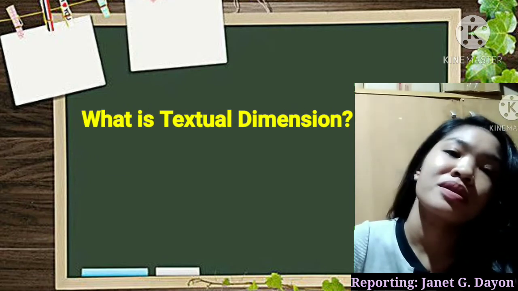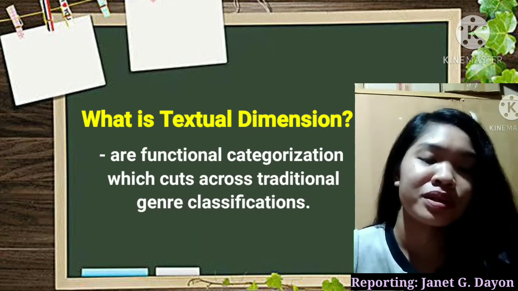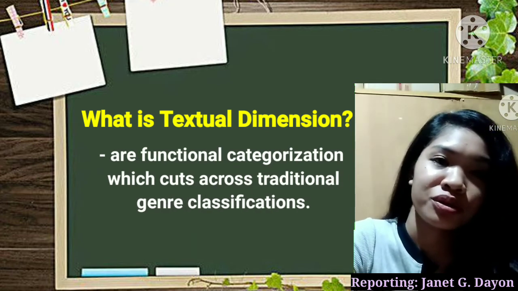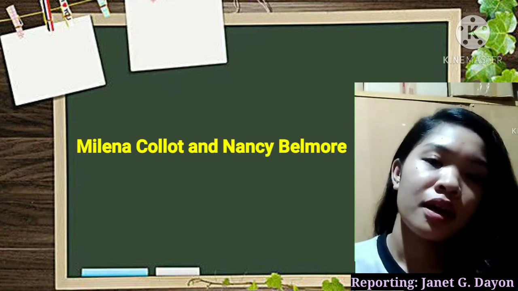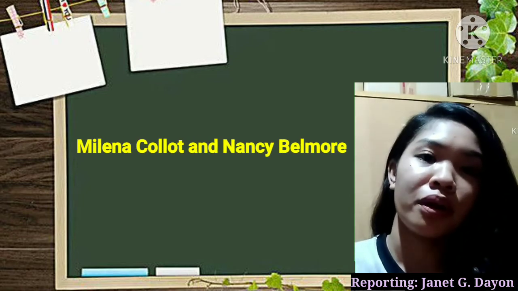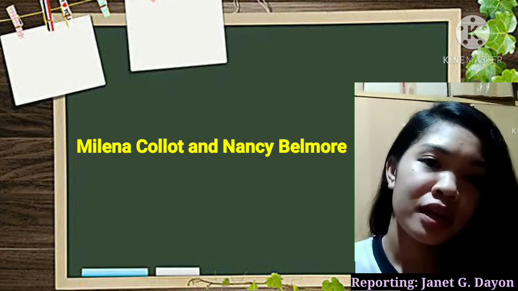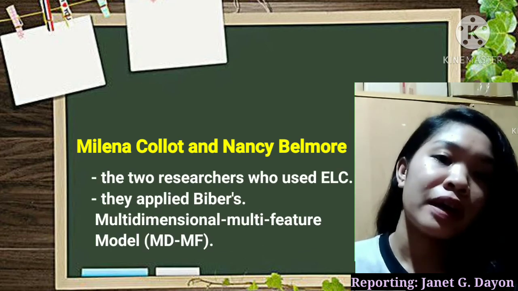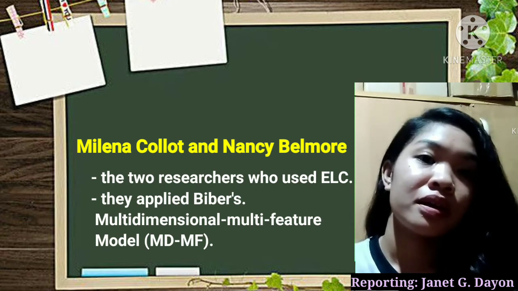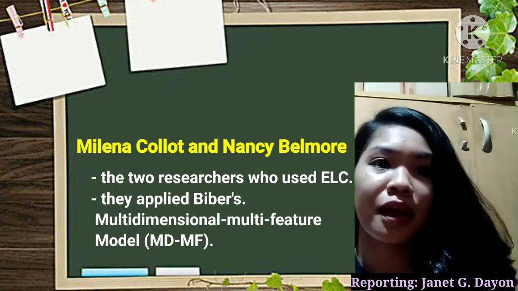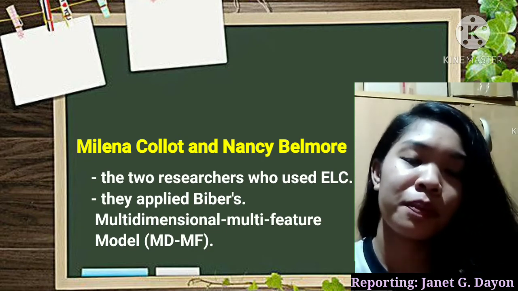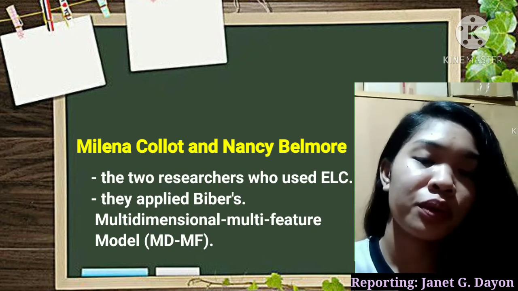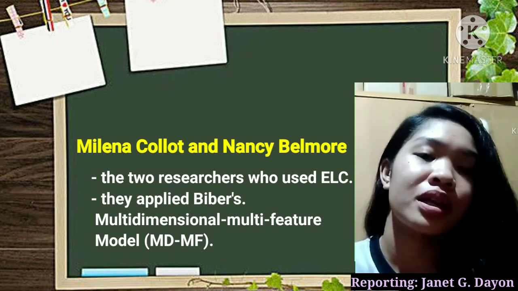Textual dimensions are functional categories which cut across traditional genre classifications. There are some researchers like Milena Collot and Nancy Bilmer who are using the electronic language corpus, and they apply Biber's factor analysis to the corpus, because they aim to compare the electronic corpus with computerized corpora of spoken and written English.